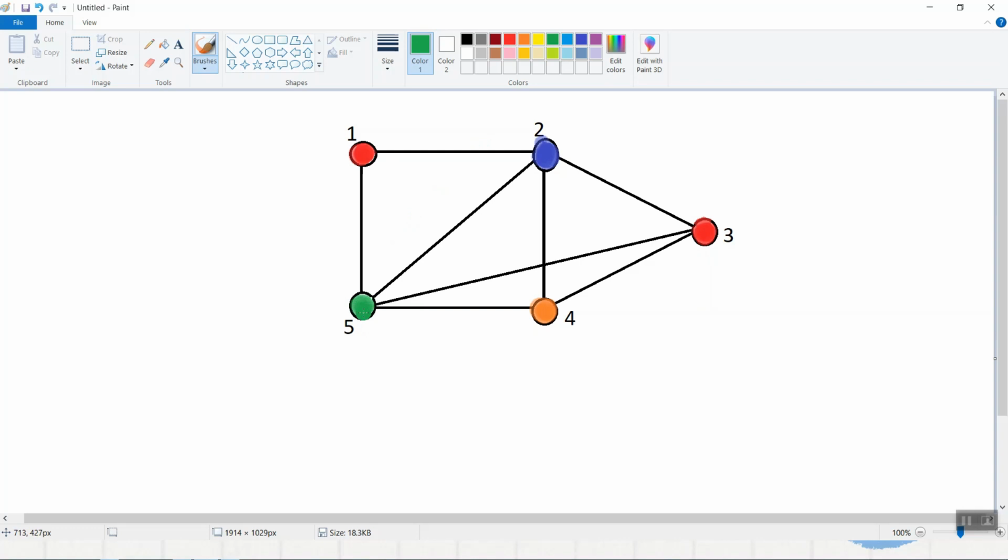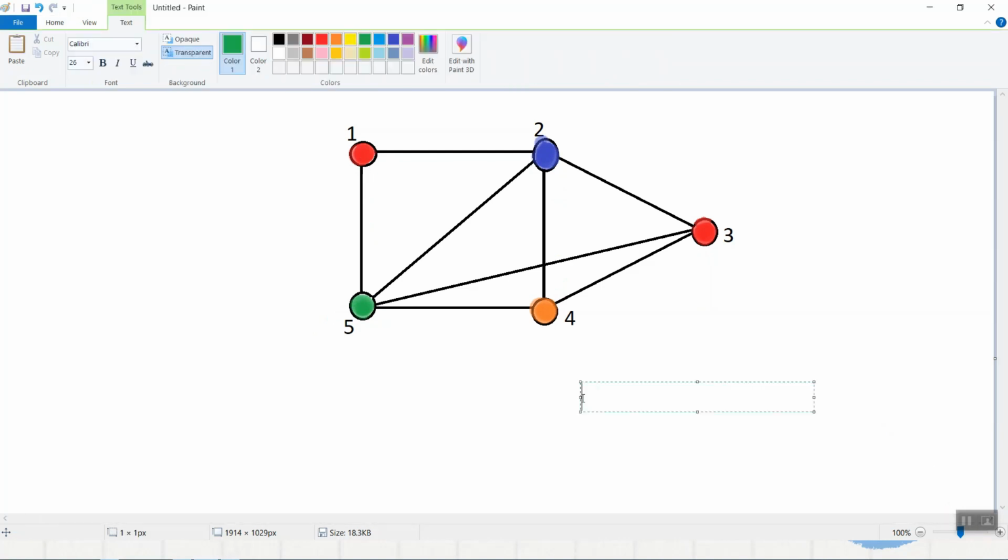Now let's see the total number of colors that we applied. We have red, blue, orange and green. It means we have 4 colors. This 4 means the chromatic number.